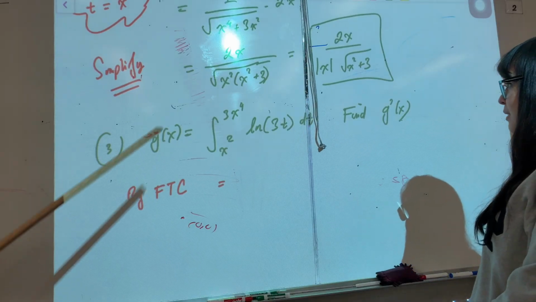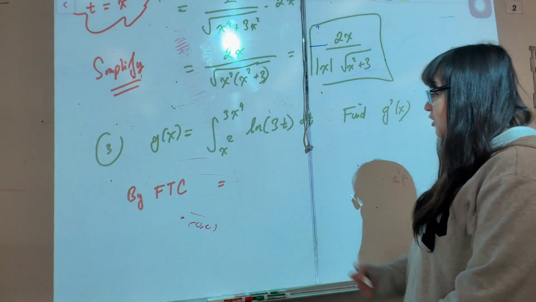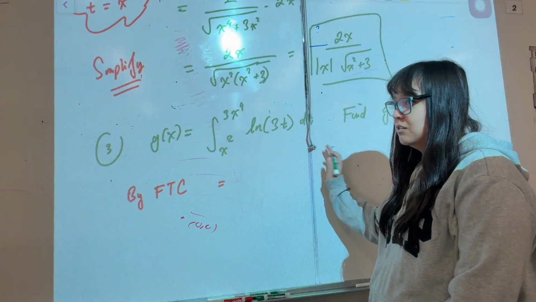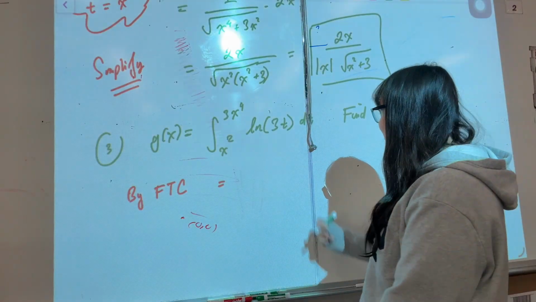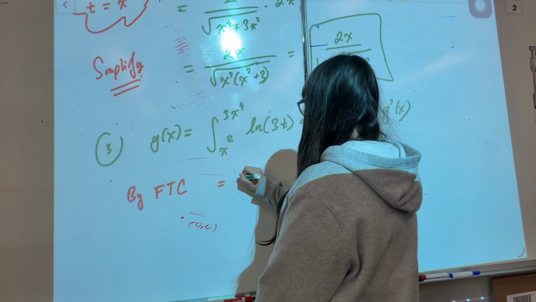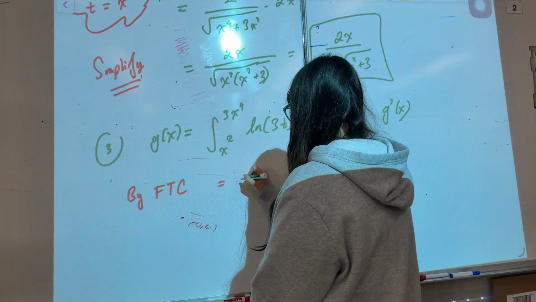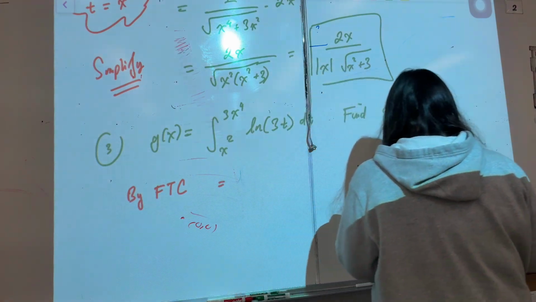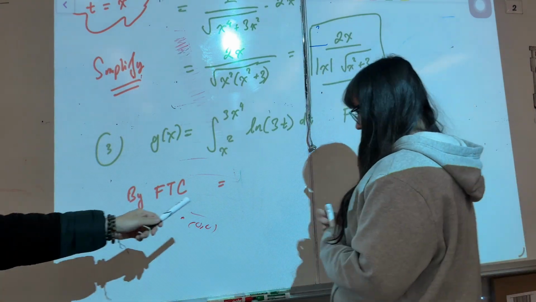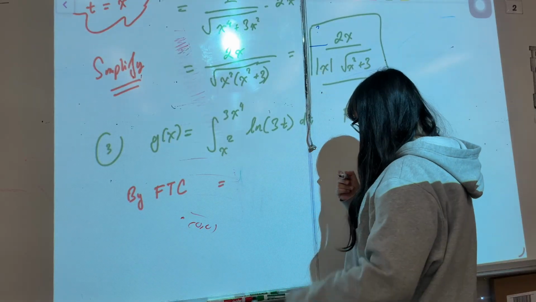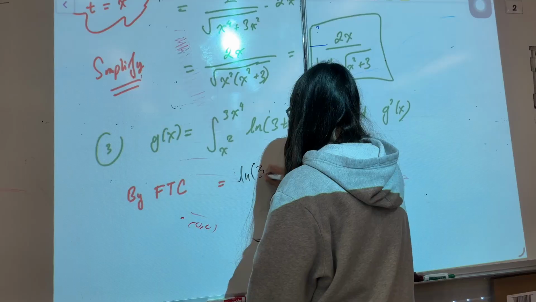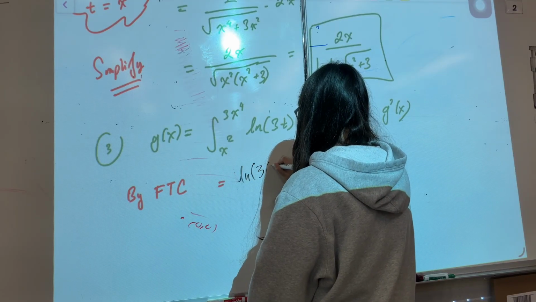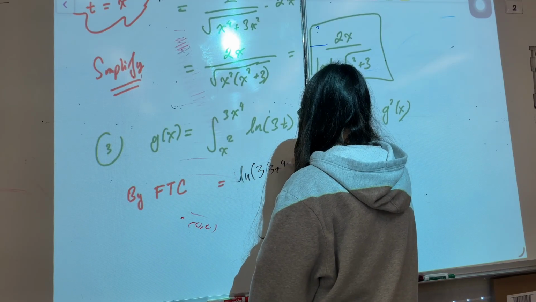Maybe you can just do one of them. The top. Can I do it the one way? No. Just apply the FTC. It's faster. That's right. Very good.